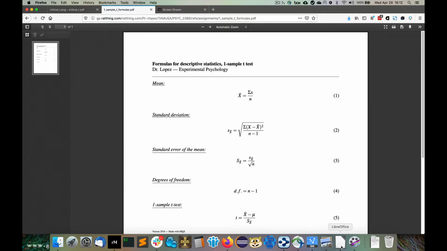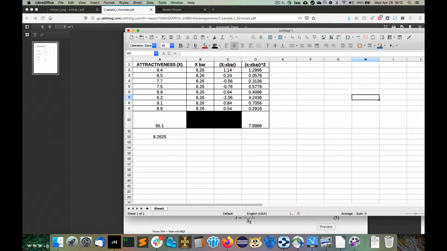So we go back to our little handy-dandy table, and you take all the scores and add them together, so 9.4 plus 8.5 plus 7.7, all the way down to 8.8. And when you add them all together, you should end up with 66.1. Okay, 66.1.